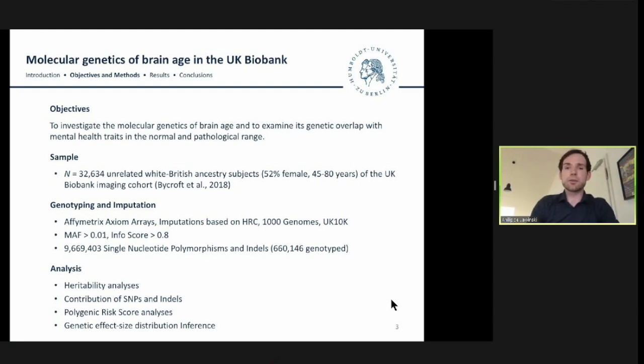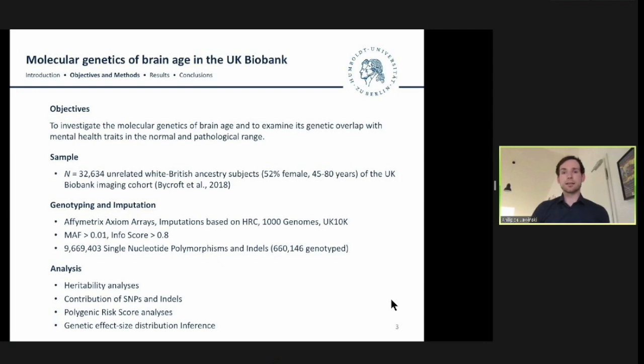So we made use of the most recent release of the UK Biobank sample. We selected 32,000 individuals of white British ancestry with available T1-weighted magnetic resonance imaging data. And all of these samples were genotyped. Further, imputations were carried out to increase the number of genetic variants available for analysis.